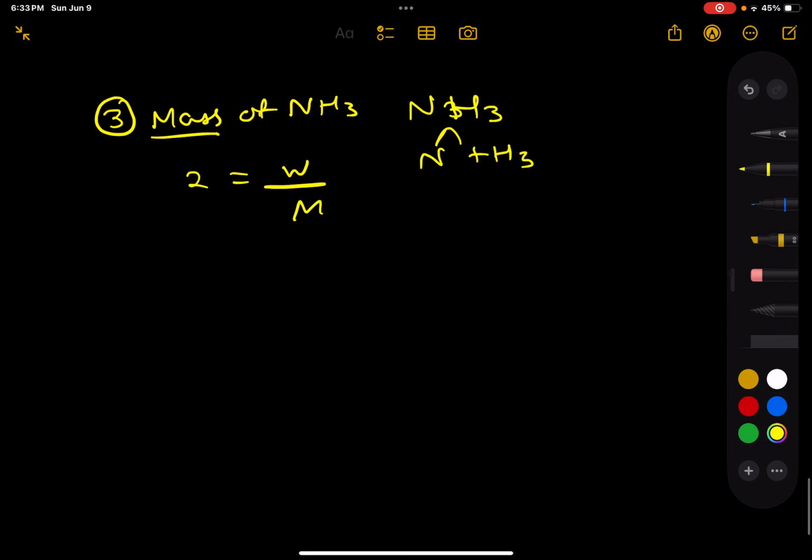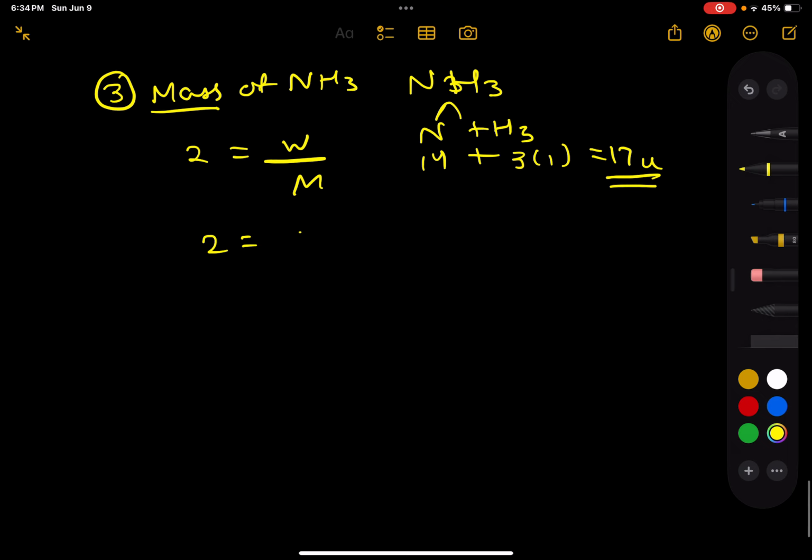So that means we have 14 plus 3 times 1, which is equal to 17. So the molecular mass is 17 u. So 2 equals W upon 17, which means W is 34. That means the weight is equal to 34 grams.